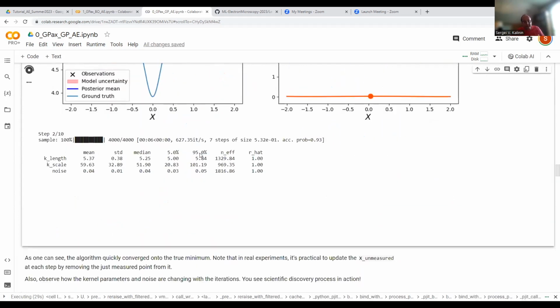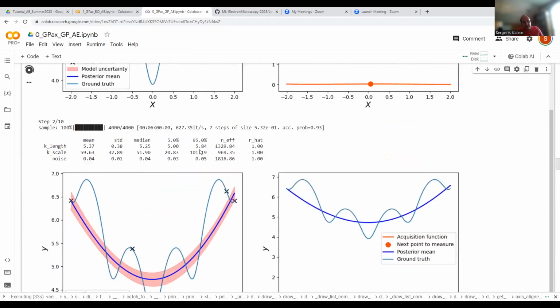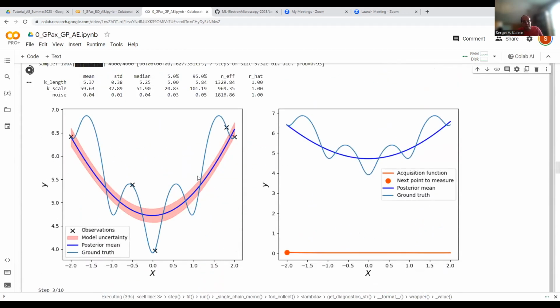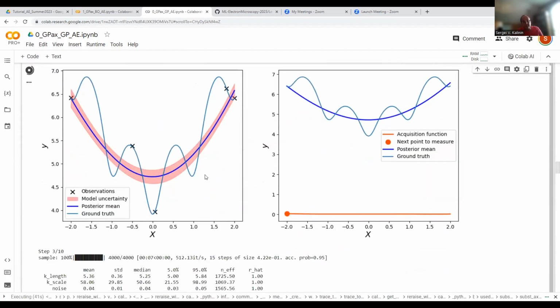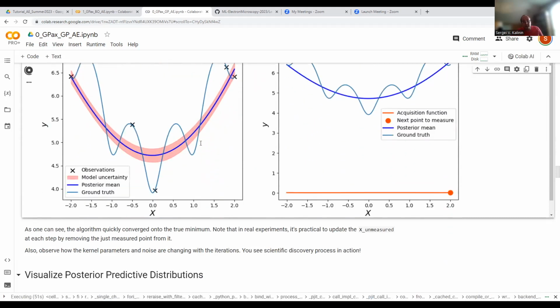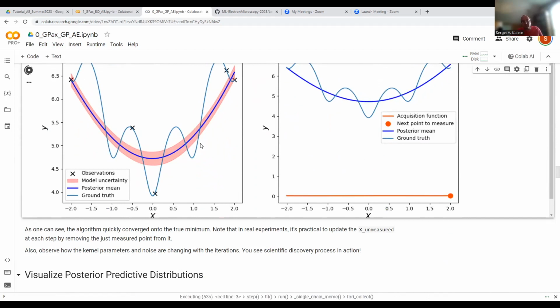So if I run the experiment several times, I will see that the algorithm will find the average shape of the curve. So it kind of tries to imitate it, but it is not going to be able to reconstruct the fine features, simply because we did not allow the experiment to do that.